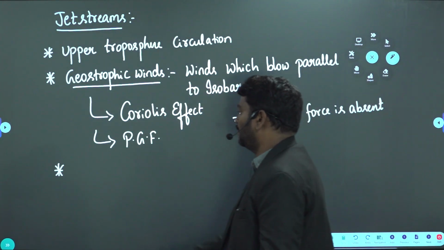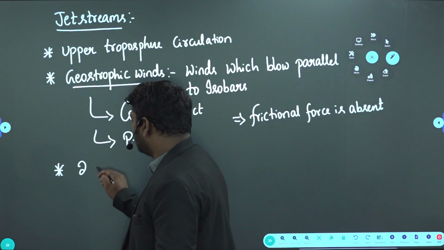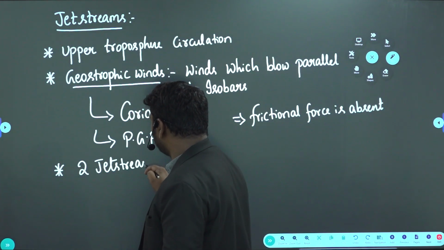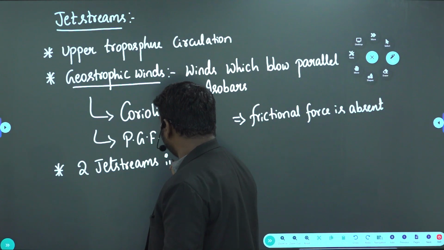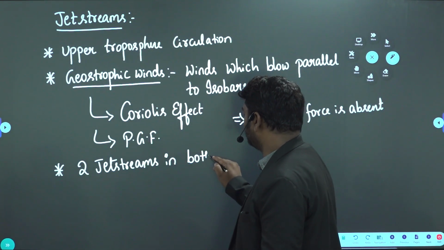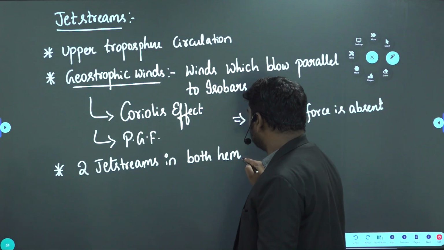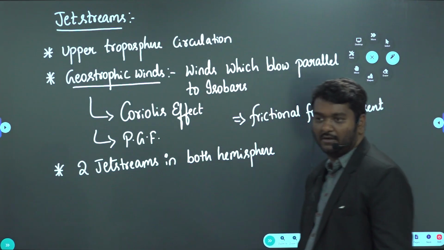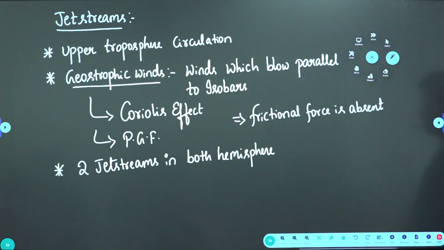Then there are 2 jet streams in both the hemispheres. Last time they asked, jet streams are present only in the northern hemisphere. No, they are present in both the hemispheres.